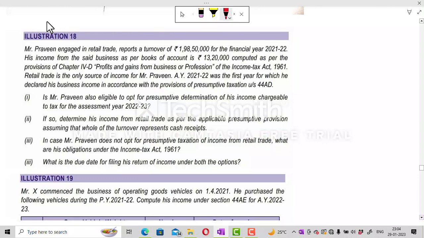Mr. Praveen, engaged in retail trade, reports a turnover of 1 crore 98 lakh 50,000, meaning it is less than 2 crore. For the financial year 21-22, his income from the said business as per the books of accounts is 13.2 lakhs. What is the PGBP? 13.2 lakhs.